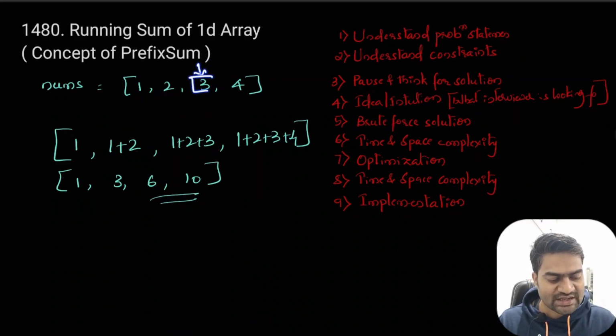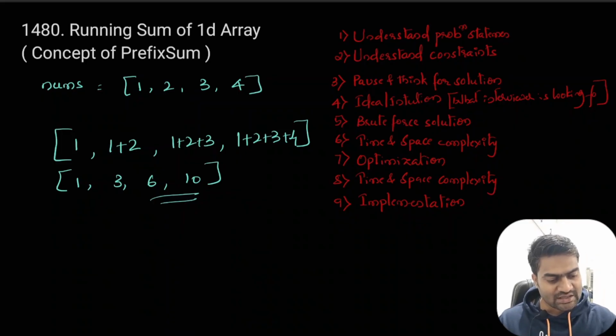If I want the running sum at this point, I will iterate from 0 till this number. This is 0-based indexing, so I will start from the value at the 0th index, iterate until that particular number, and sum all the values. Likewise, we can compute the running sums at all the positions.